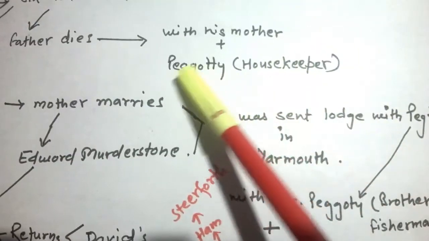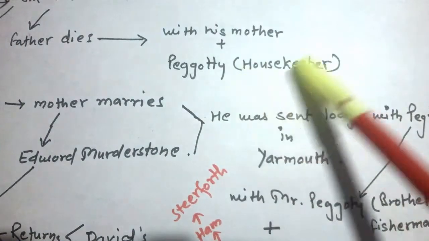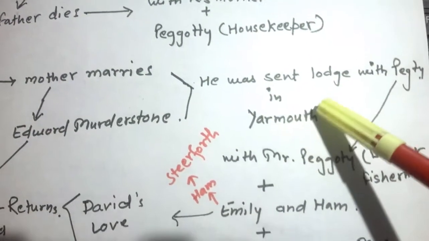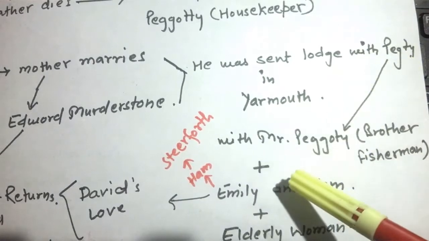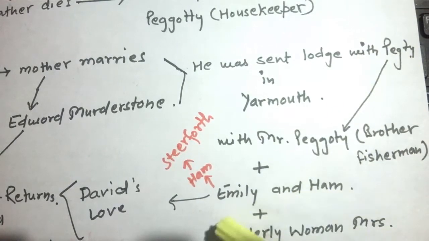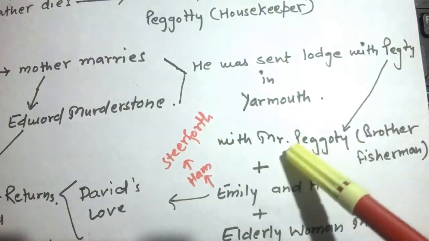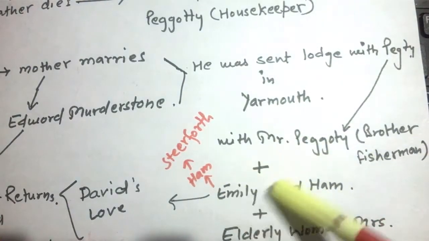You remember Peggotty, the housekeeper, and with Peggotty, she had Emily and Ham. Now Emily is important, that can be asked in examination, and he falls in love with Emily.